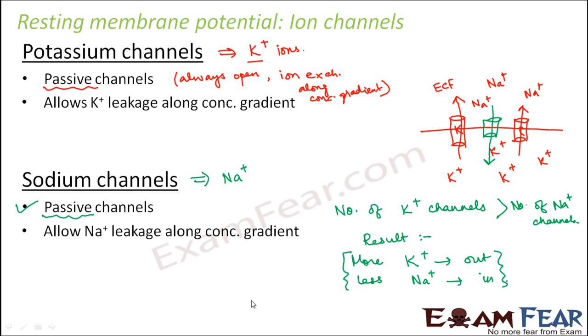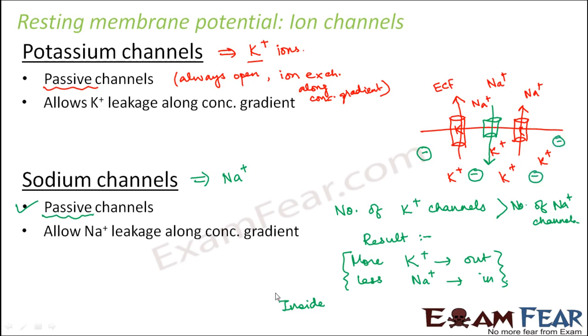Now, if you look at the inside of the membrane, the inside of the membrane is this axoplasm region. What will the axoplasm contain? The axoplasm anyway had the negative charges, you remember, which were immobile. So these negative charges cannot go anywhere.